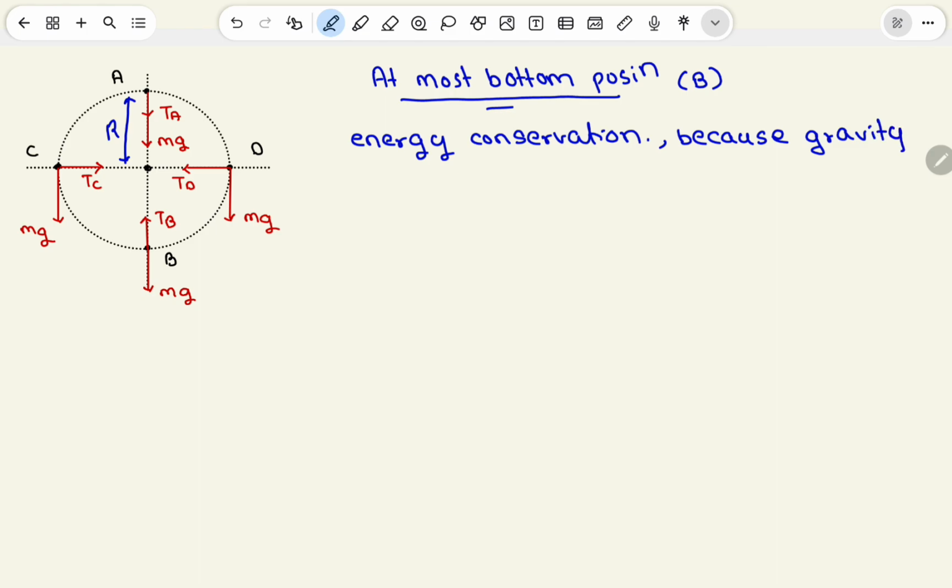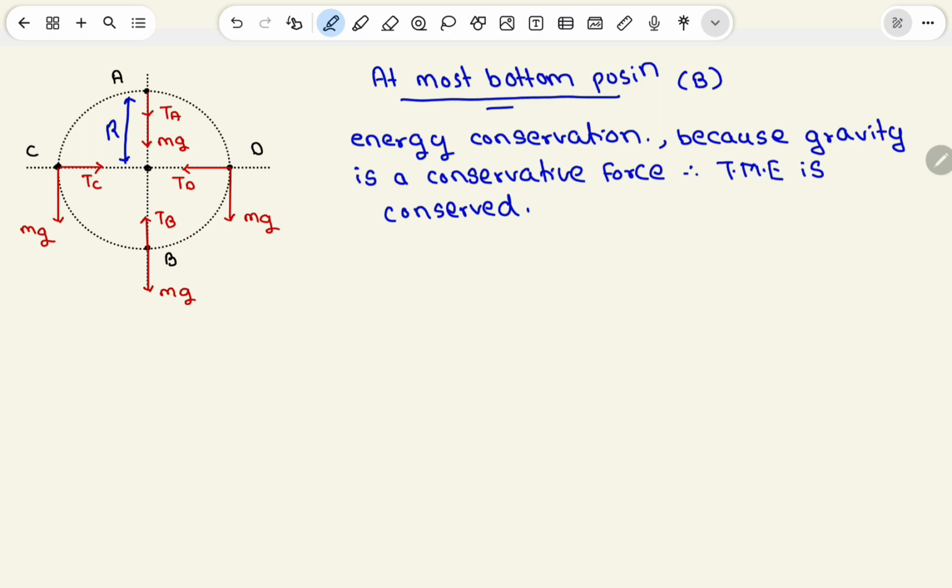Because gravity is a conservative force, total mechanical energy is conserved.